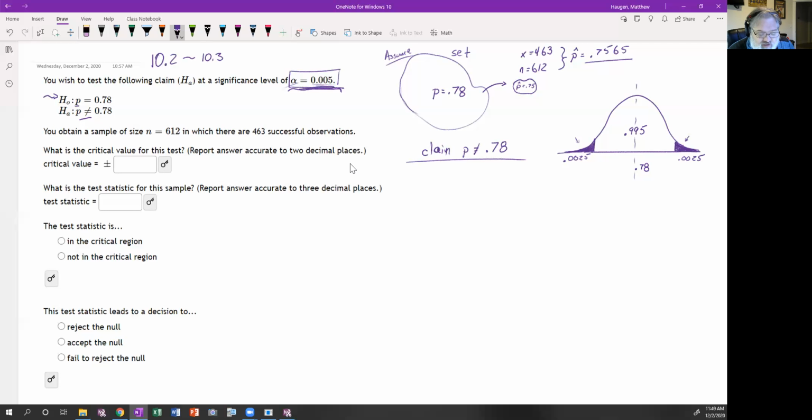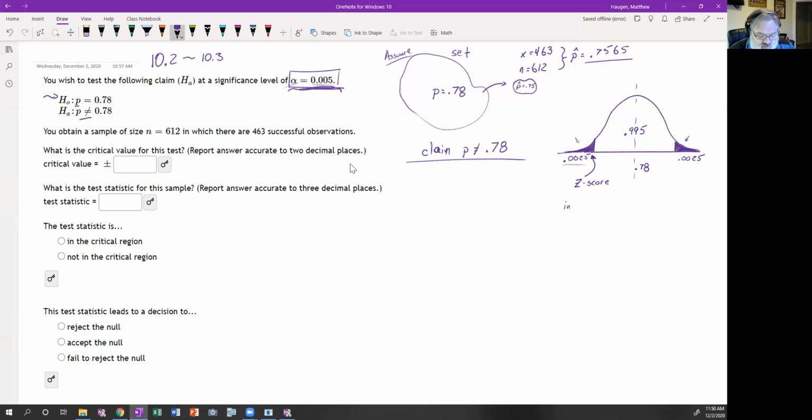Well, it might be nice for us to know what that z-score is. That would tell us, instead of looking at that as the percentage, how many standard errors from the mean do we have to be in that critical region, in the dark regions? And we've done that before, right? How do we find z-scores given proportions?